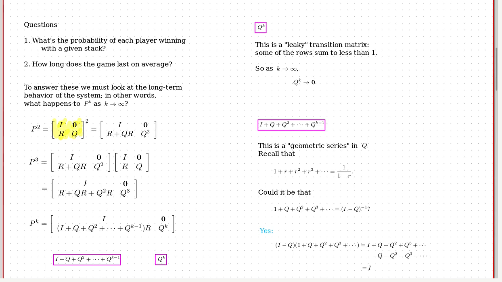In other words, when you multiply P by itself, you get 0 times R plus I times I, so you get I, and you get 0 times Q plus I times 0, which is 0, and you get Q times R plus R times I in the lower left, and then you get Q squared plus R times 0 down here.